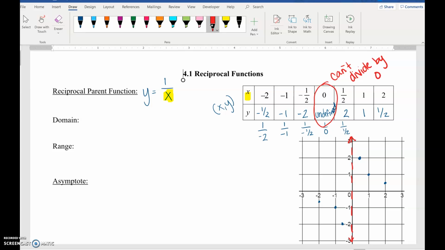Okay, so we just talked about an asymptote right here. We're going to write that definition.